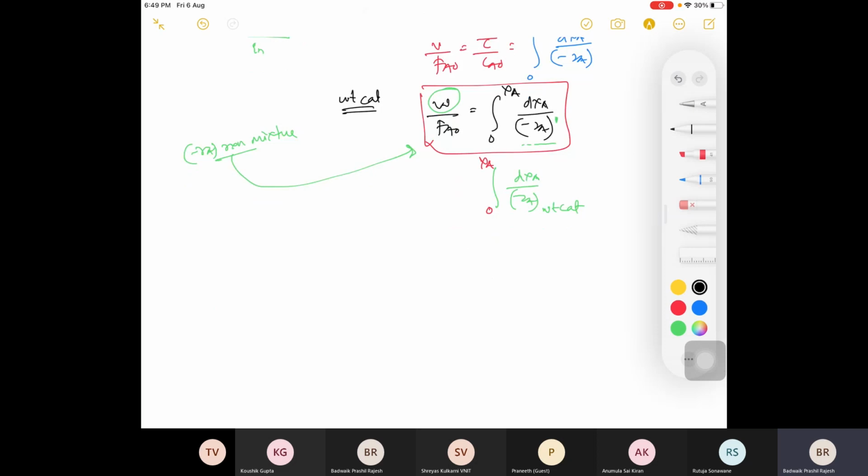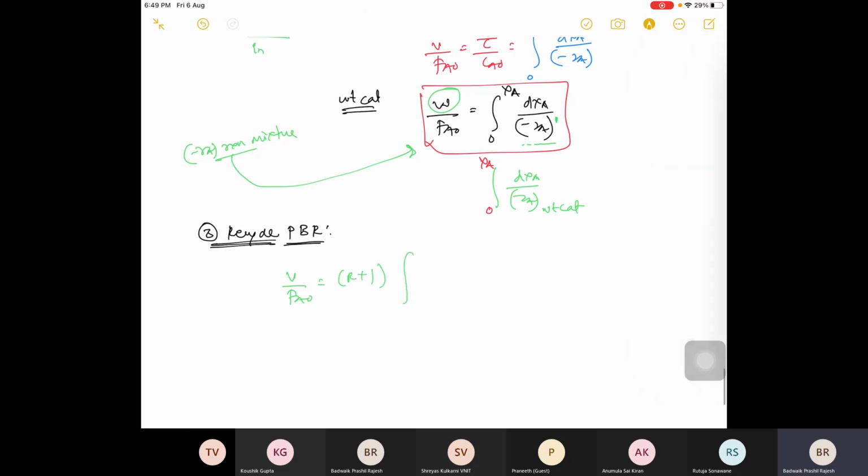Then the recycle packed bed reactor. Here the design equation would be V by F_A0, we already saw this, equals R plus 1 times the integration from R upon R plus 1 times X_A0 to X_A0 of dX_A divided by minus r_A.